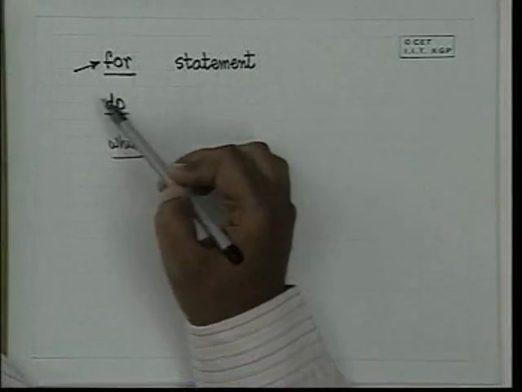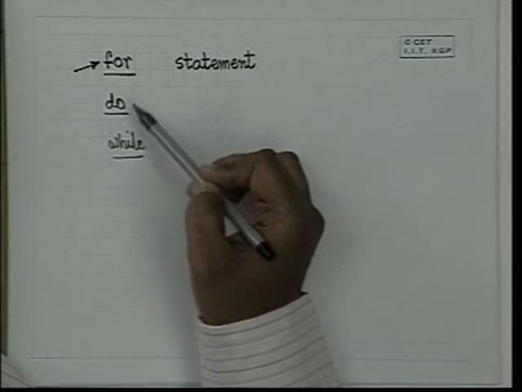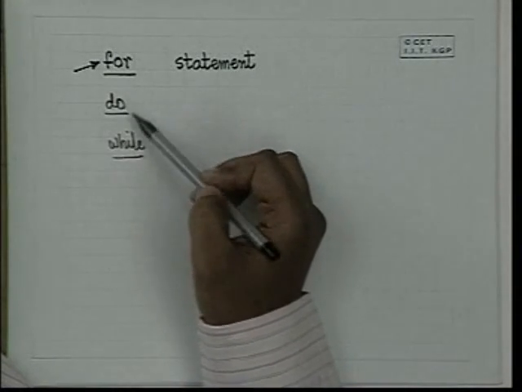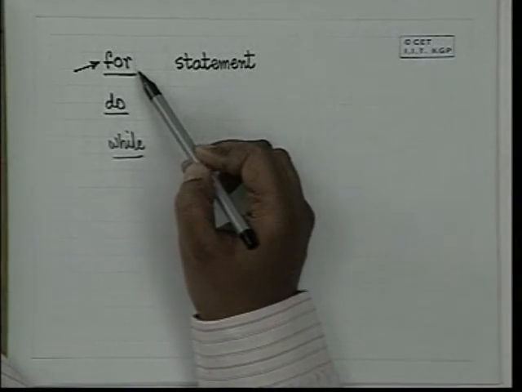For example, you want to go from i to n in steps of 1 or steps of 2 or steps of 4, then the for statement for fixed looping is very useful, whereas for a lot of conditional looping, the do and the while statements are useful. But the for statement can also be used for conditional looping. The for statement is quite flexible, and so we will see the for statement for looping next.